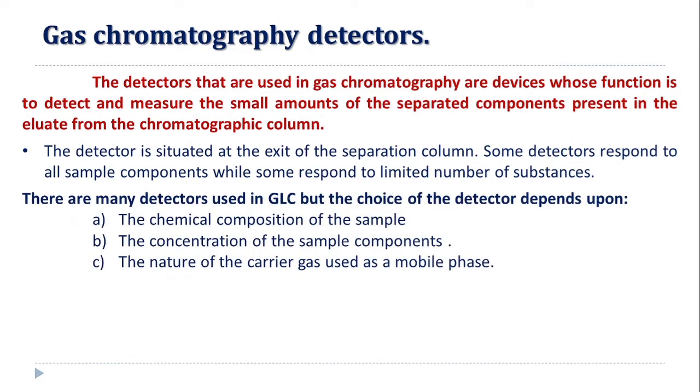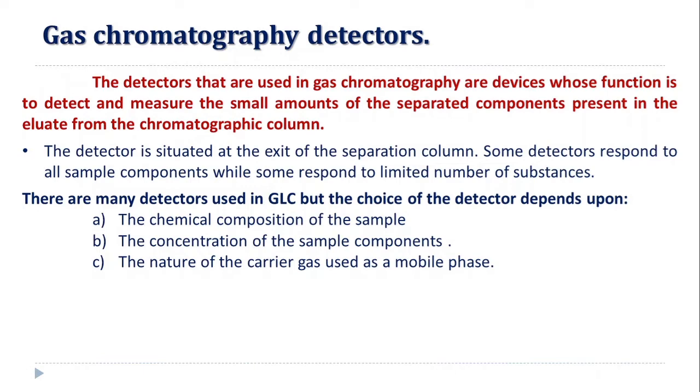Friends, there are many detectors used in GLC, that is gas liquid chromatography, but the choice of the detector depends upon the following factors. There are so many types of detectors. What is our requirement? What information do we want? According to that, we can choose the detector in gas chromatography.